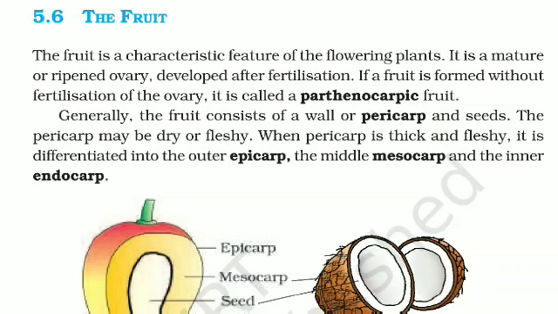If a fruit is formed without fertilization of the ovary, then it is called a parthenocarpic fruit. Sometimes there are some fruits which are known as false fruit. For example, apple. Now you have to find out why apple is called a false fruit. Now you know the example of any parthenocarpic fruit.